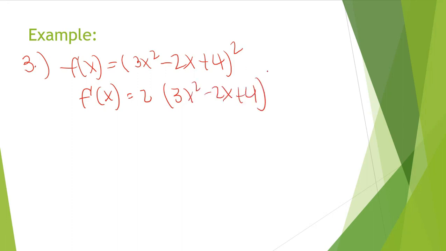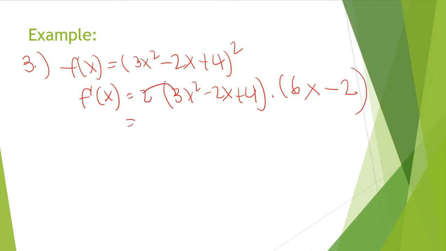Then 2 minus 1 is 1. So, wag nyo na lang isulat. Multiplied by the derivative of the nested function. 3x squared is 2 times 3. We have 6x minus negative 2. And then the derivative of plus 4, the derivative of a constant is 0.